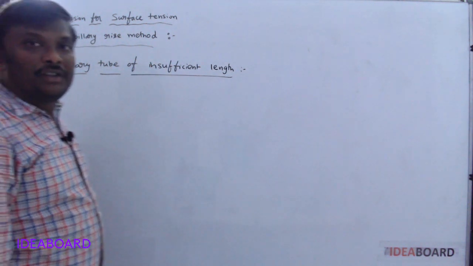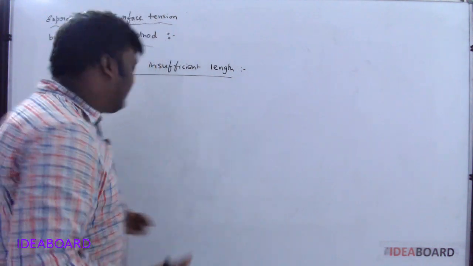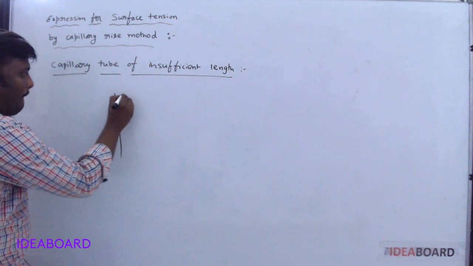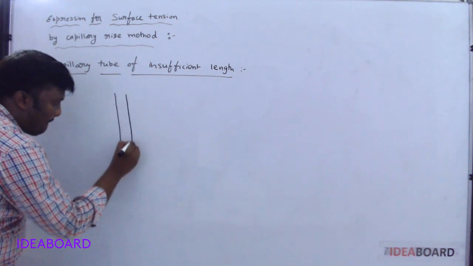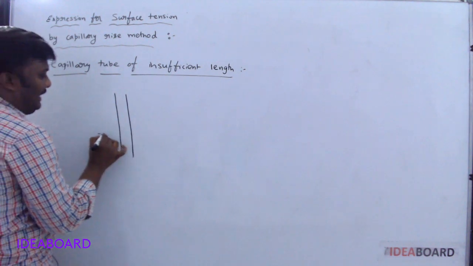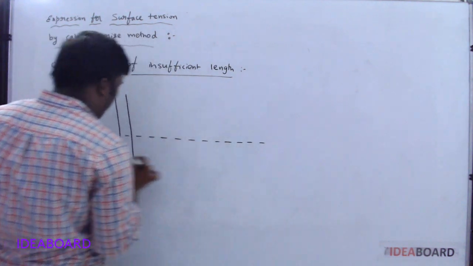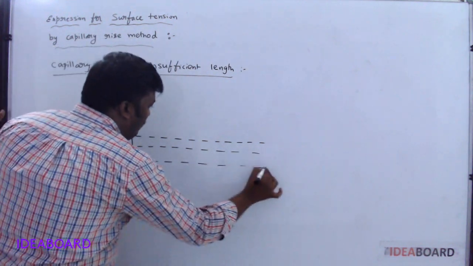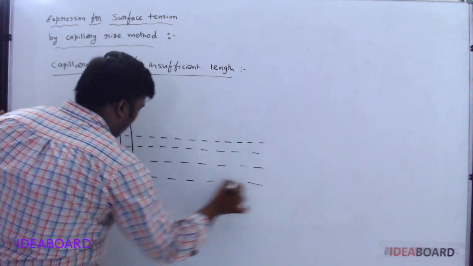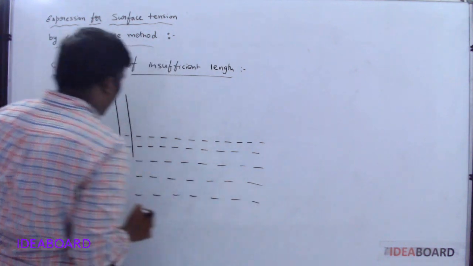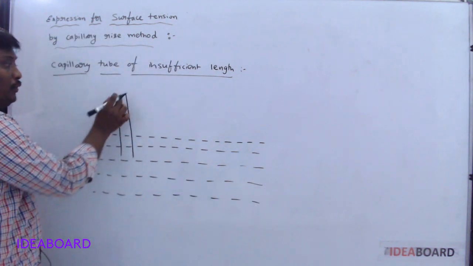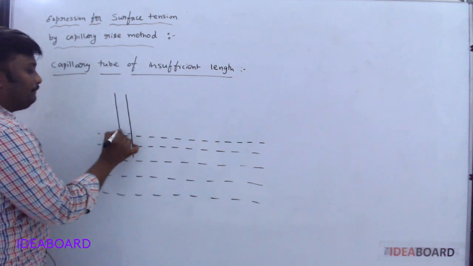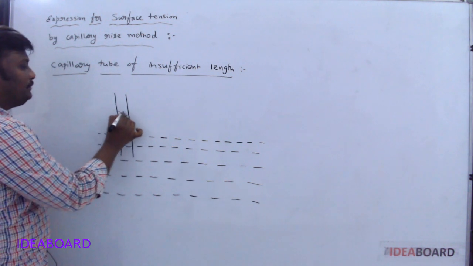Capillary tube of insufficient length. In this case, what happens? Let us see. I consider one capillary tube which is dipped vertically inside the liquid. Now, we know if it is made of glass and it is water, then the liquid rises.